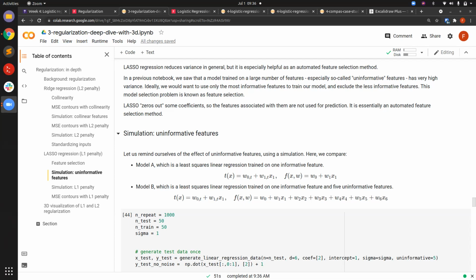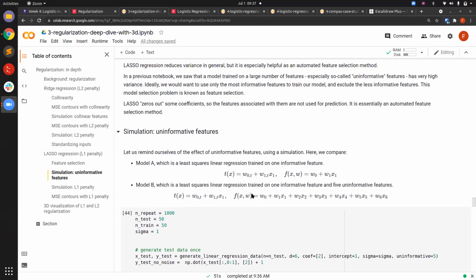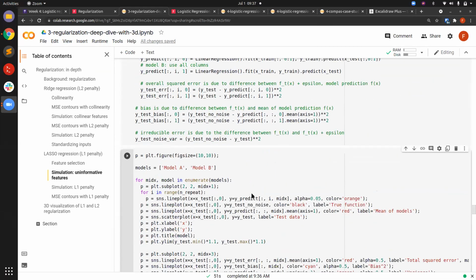So I would agree with the 40% of you who said that both of these models will have the same bias. I would expect both to be unbiased. But model B will definitely have more variance because it has more parameters. And we said that for a least squares linear regression, the variance increases with the number of parameters. So let's see how that looks.